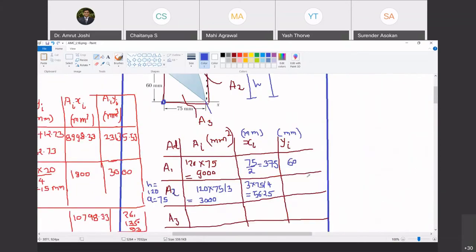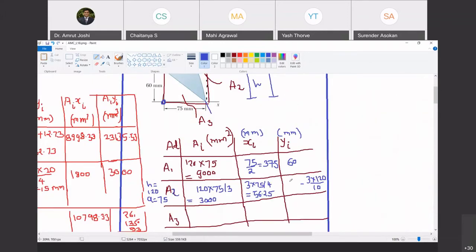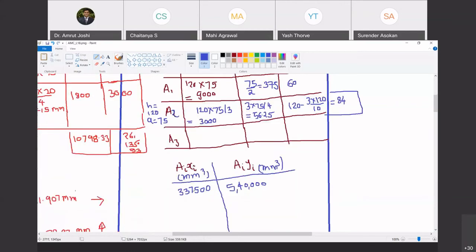So 3h by 10, that is 3 into 120 by 10, and you need to subtract that from 120. So how much is that? 84. Just 84. Okay.